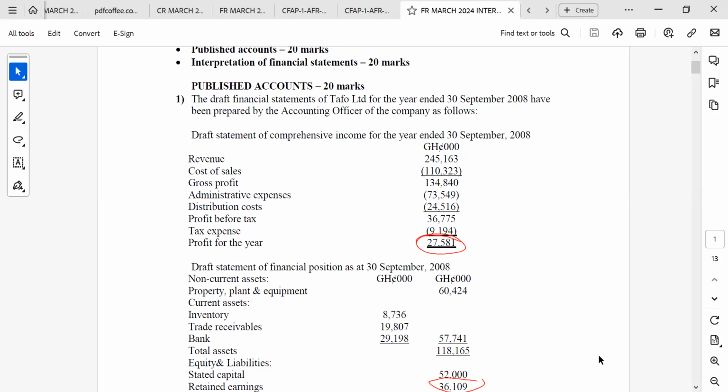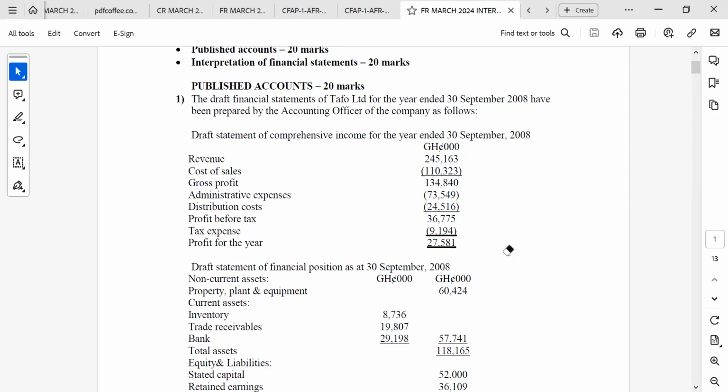The profit that we should have added should have been 26910, but they have added this amount. So what is the difference? It means that they have added the 671 in excess. You should be adding this, but you have added this one. It means that you have added the 671 in excess, which is the difference between these two. Are we okay now? Yes, please. Thank you.